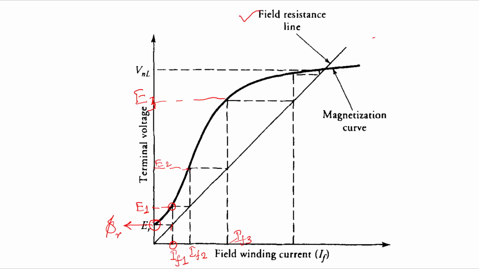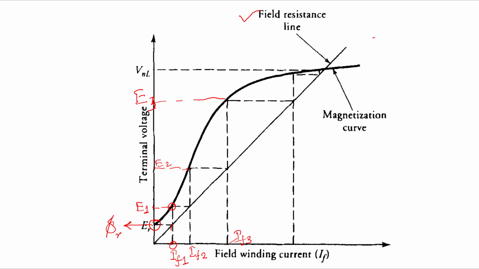Like that it will go on increasing. If saturation is not there, if our magnetization curve were a straight line, then the voltage would go on increasing. So this is how saturation helps us stabilize the voltage. Therefore, saturation is a boon for shunt connected DC generators.